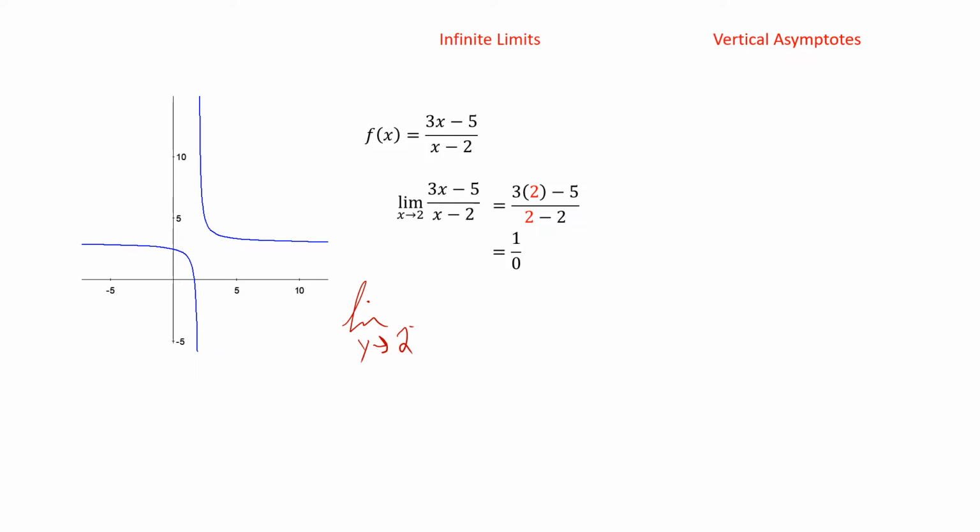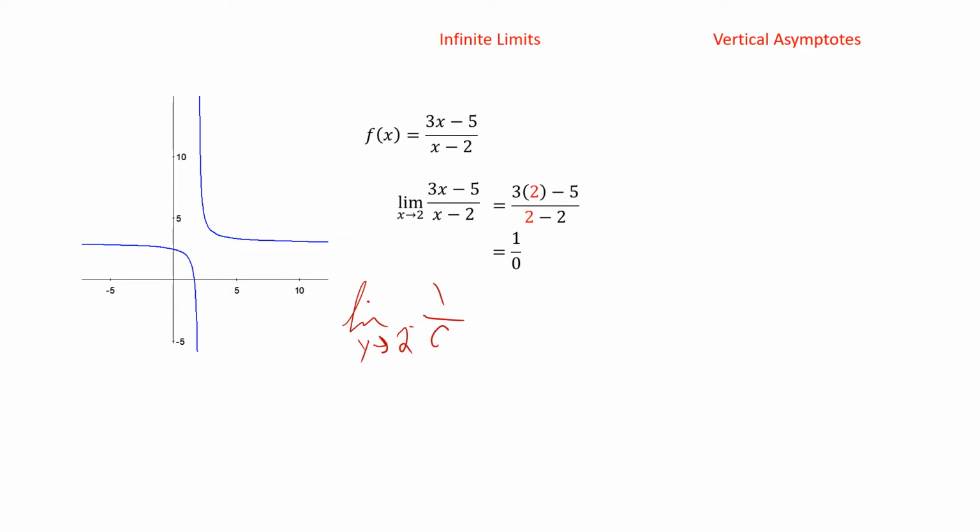The 3 times 2 minus 5 is always going to be 1. It doesn't matter if 2 is just a little bit less, it's still going to be 1. That's going to be positive. So it's going to be 1 over, and then as it's going to 2 from the negative side, 1.999 minus 2 is going to be 0, but it's going to be a negative number.